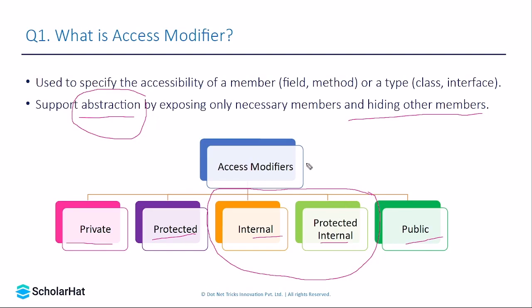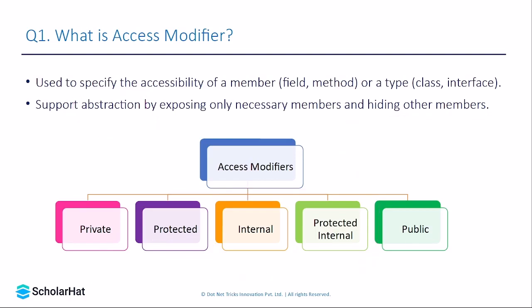And again, this can be asked in an interview, like what are the different types of access modifier? In that case, you have to answer that there are 5 types and they are protected, private, public, internal, and protected internal. Let's discuss these access modifiers one by one in the upcoming slides.